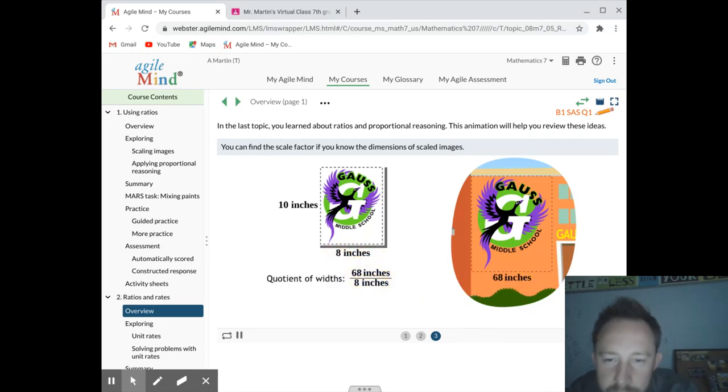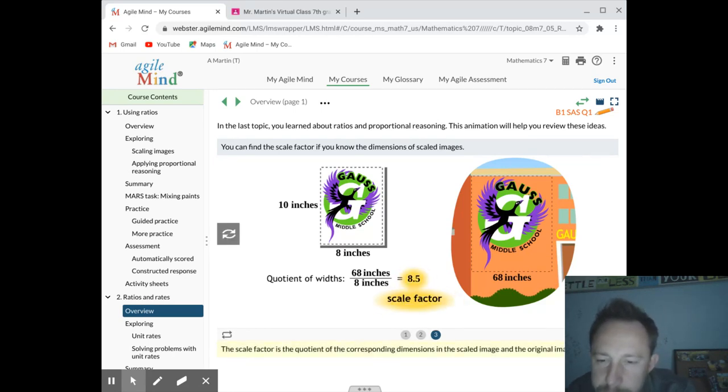We ought to remember this. We did this in the first one, didn't we? Lainey, tell us what's going on here. What are they doing to find this measurement and this scale? What are they doing? Multiplying. All right, explain it.